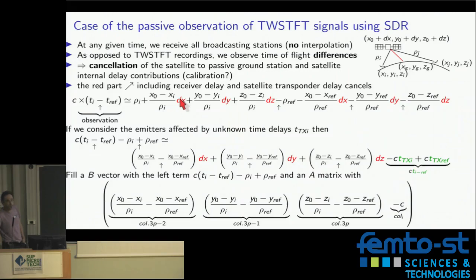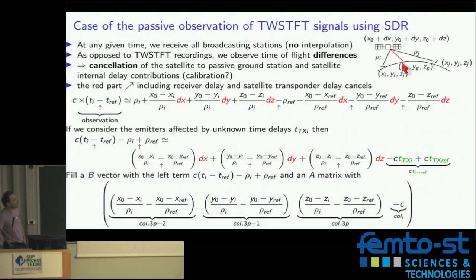So it just expresses the equations a little bit differently, but you see that again, we can linearize, have dx, dy, dz, the same as before, but I put here with arrows the signs that have changed with respect to the previous challenge. And actually, because you're doing the subtraction, if there is a delay introduced by the satellite, this time it's going to be cancelled out. So we have one parameter to remove because the satellite common delay will be subtracted between the two guys.